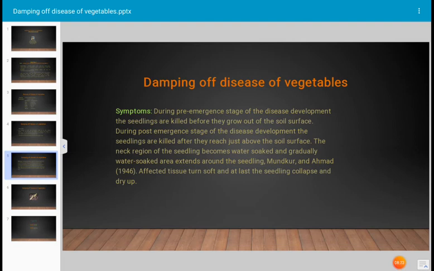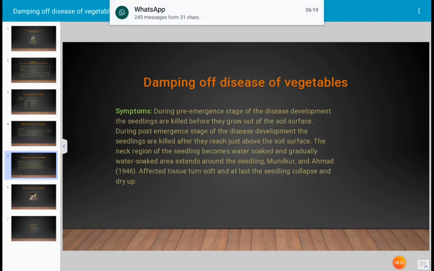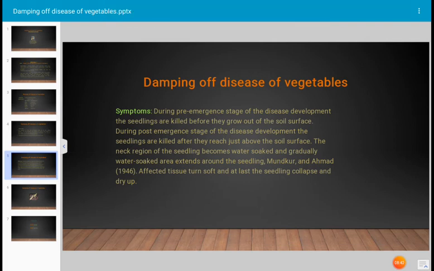Okay, and when the seedling germinates and comes out of the soil surface, at that stage the pathogenic organism infects the seedling, and the girdle of the stem just above the soil surface shows a water soaked spot, and gradually that water soaked spot extends around the seedling, and the entire seedling gets rotted and falls over on the ground.